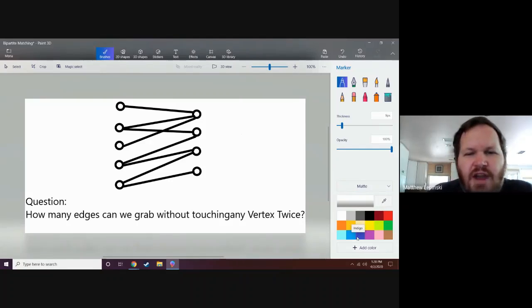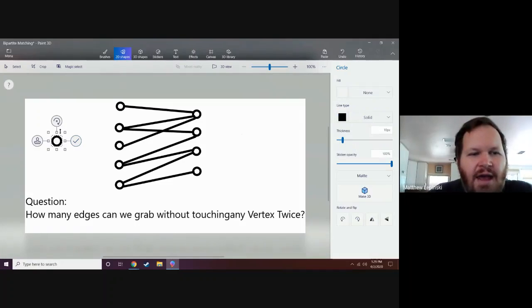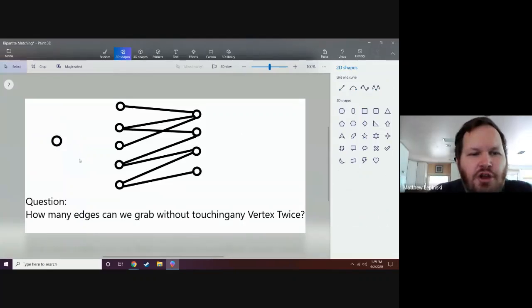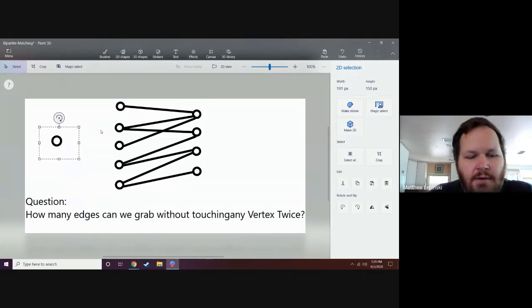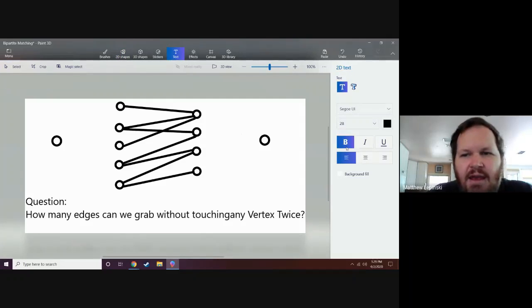But one reason I wanted to illustrate this is because it turns out that this is a case where we can think of this as a max flow problem. If I just add an imaginary vertex, so I'm going to add an imaginary source and sink.